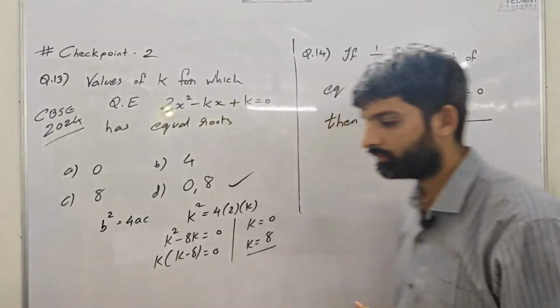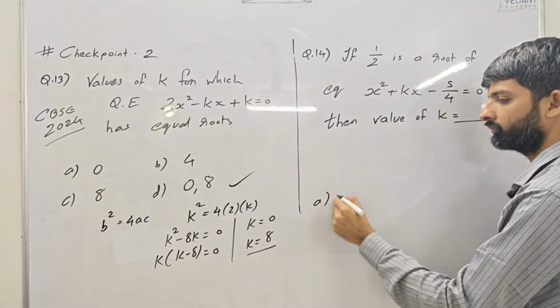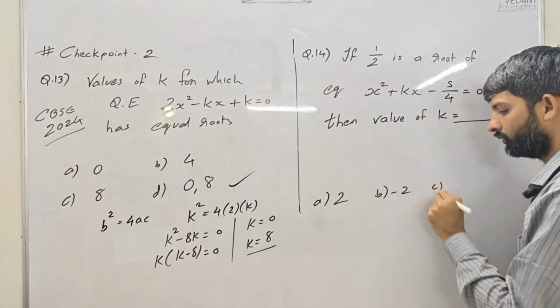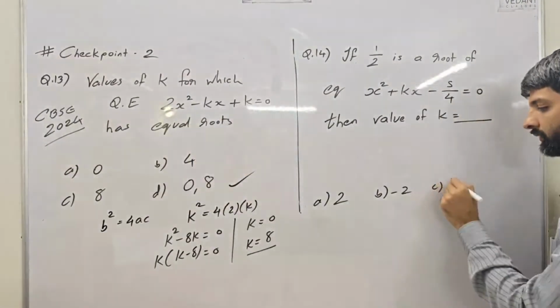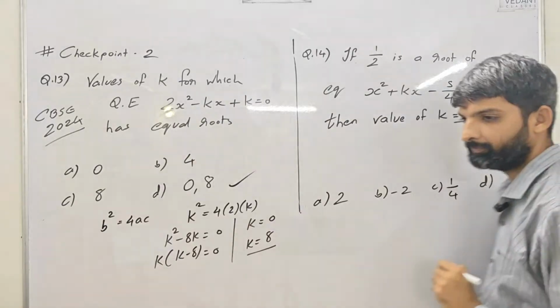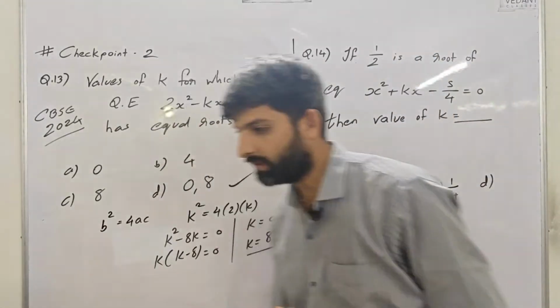Options are: option A 2, option B minus 2, option C 1 by 4, and option D 1 by 2.